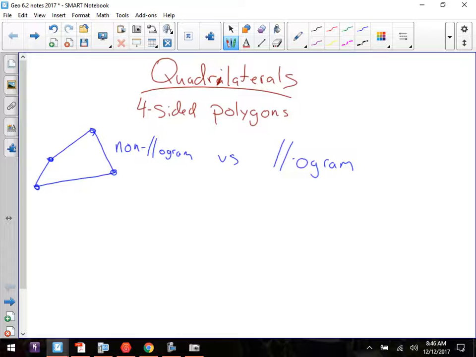When we get into parallelograms, that's when we start talking about rectangles, rhombuses, squares, things like that. Non-parallelograms can look like this, or they can be trapezoids, kites, and so on. But we always start with parallelograms.